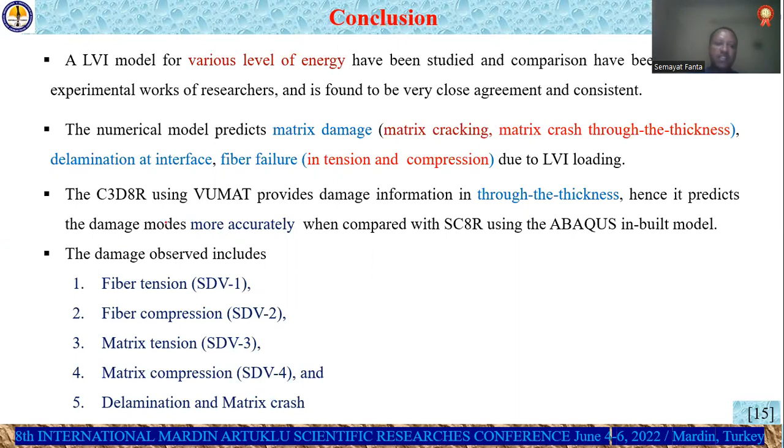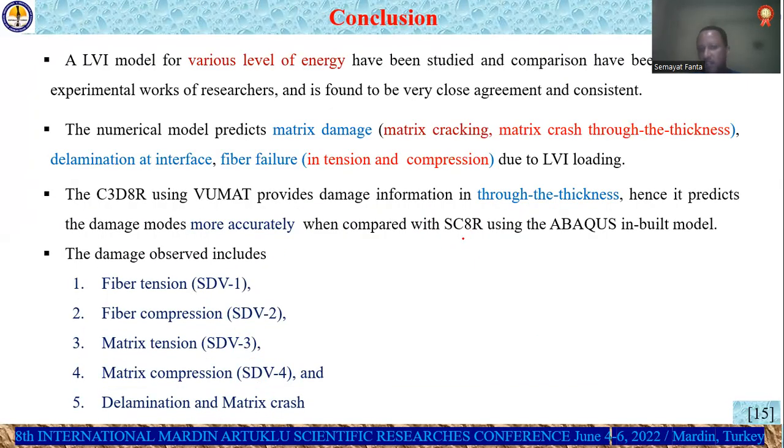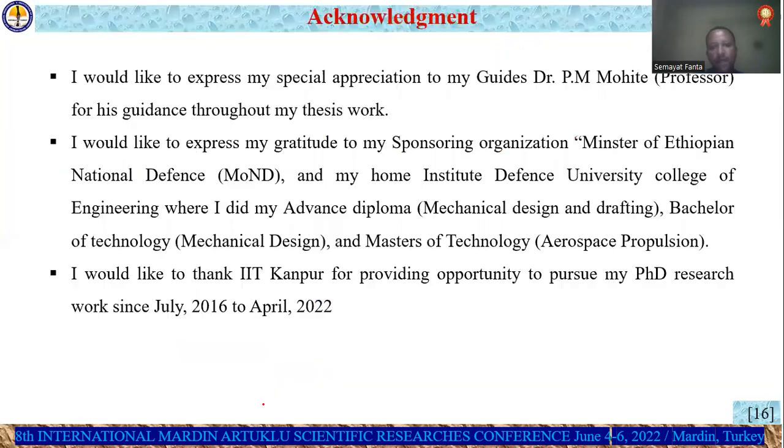The cohesive C3D8, the 8-node solid element, provides damage information through the thickness. Hence, it predicts the damage modes more accurately when compared with the continuum shell element using the Abaqus inbuilt model. The damage observed includes fiber tension, fiber compression, matrix tension, matrix compression, delamination and matrix crush damage as well.